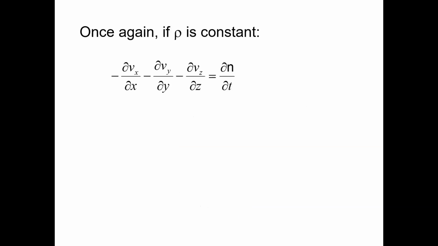Now, as was the case before, if the density is constant, we can move it outside the derivative and divide by the density and get rid of it. So now we're down to this equation. And again, that part on the left-hand side is the same thing we had before.